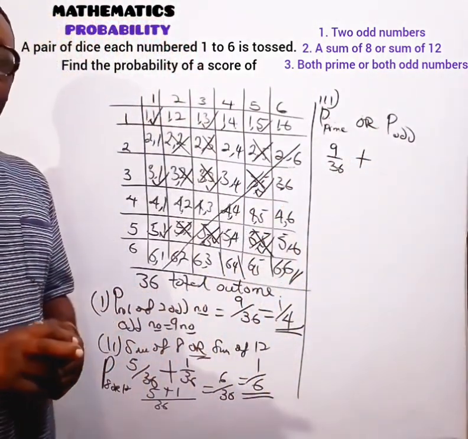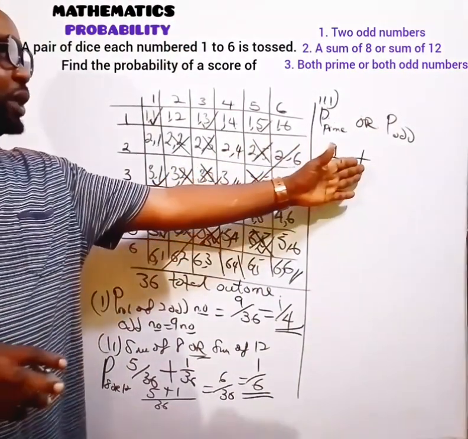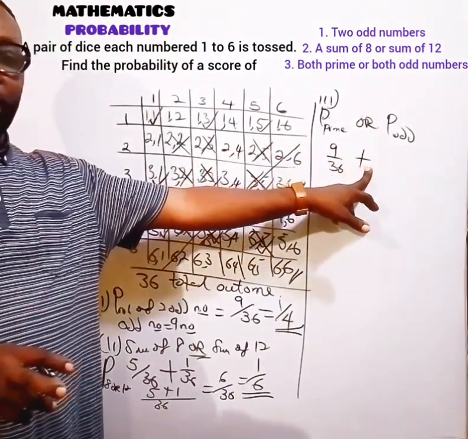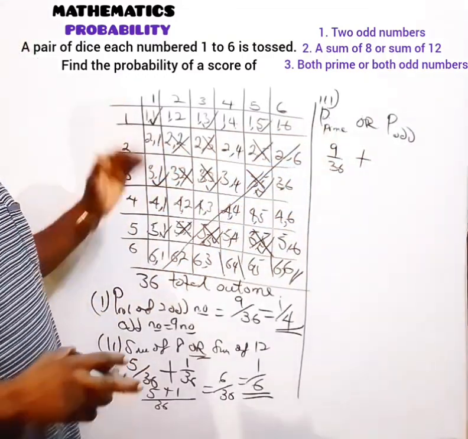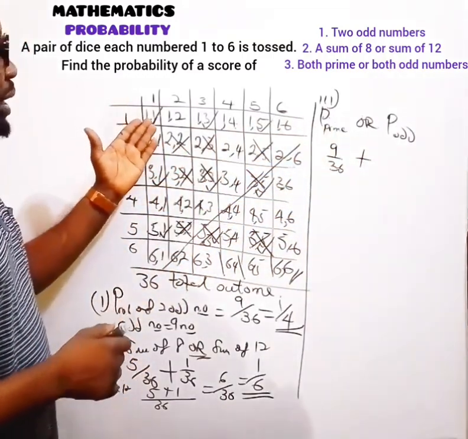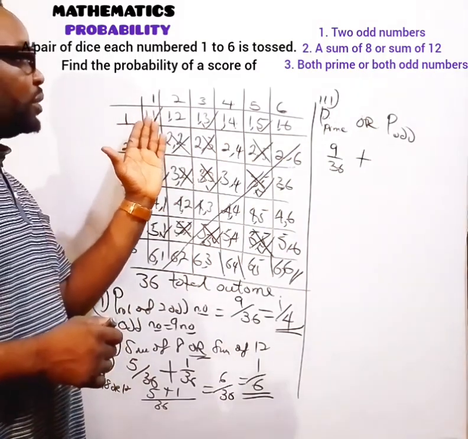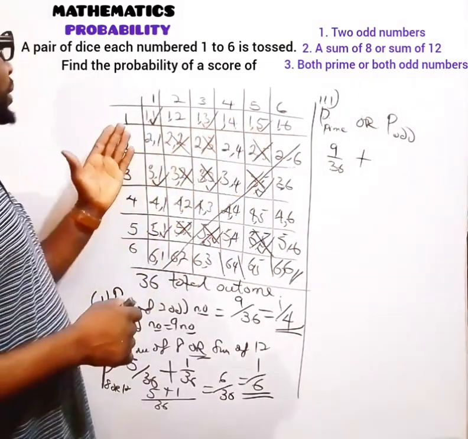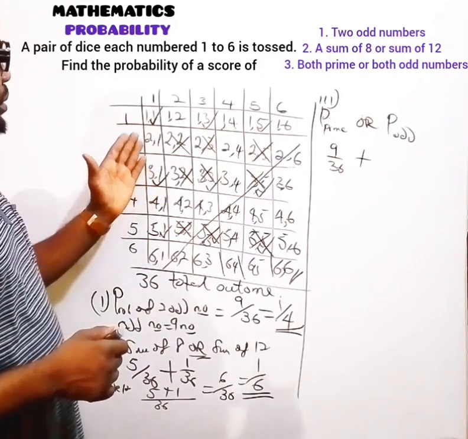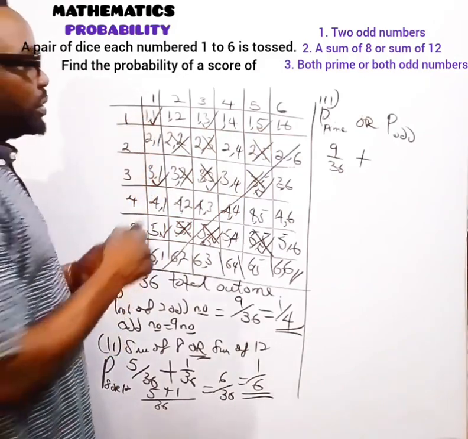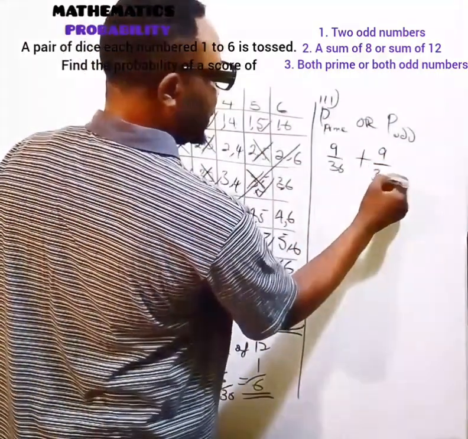Mutually exclusive event, which is going to be, we're going to put all there, plus probability of odd number, which has been gotten before. Don't forget that is 1, 1, 1, 3, 1, 5. So how many odd numbers are we having? We are having 9 odd numbers too. 9 over 36.